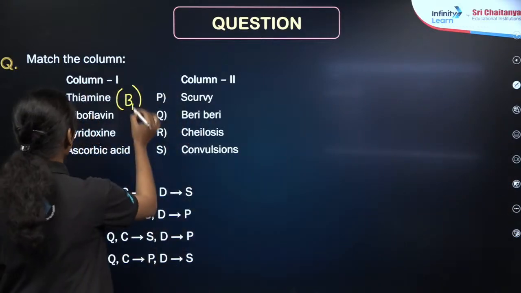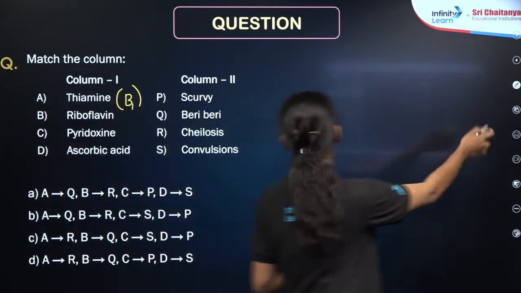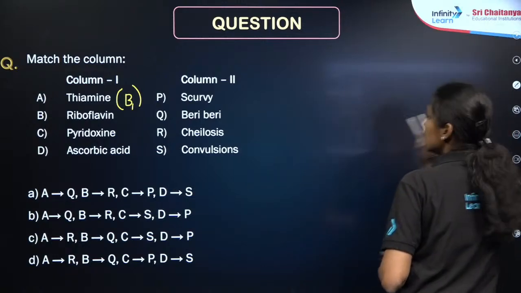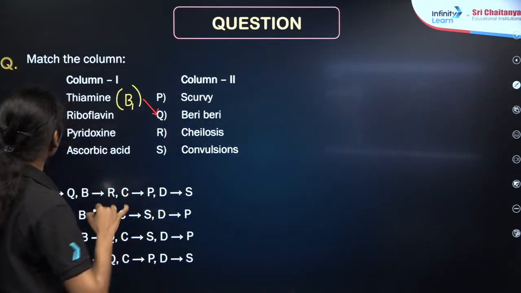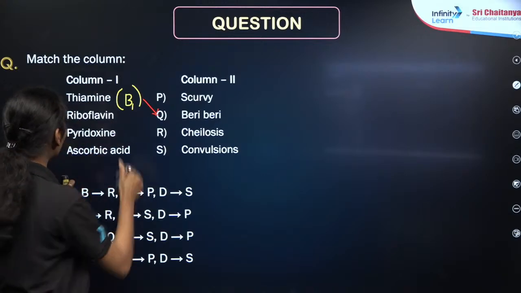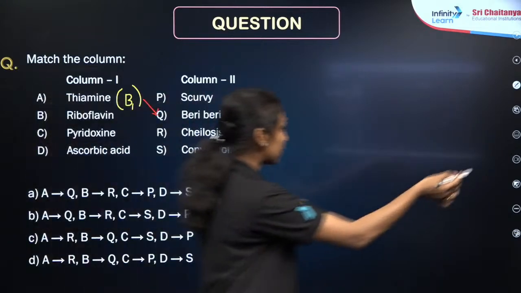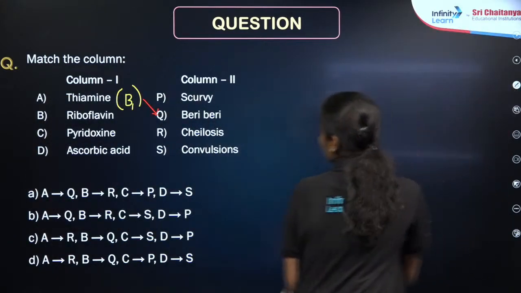Beriberi is the deficiency disease for vitamin B1. So, A to Q. Then what about riboflavin? Riboflavin is the chemical name of vitamin B2, right? Vitamin B2.